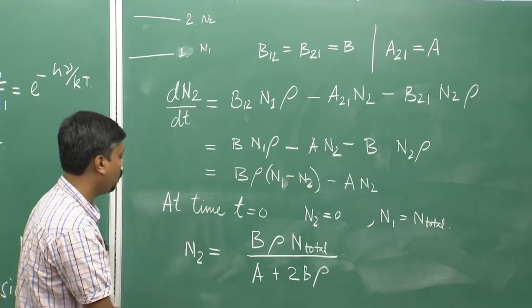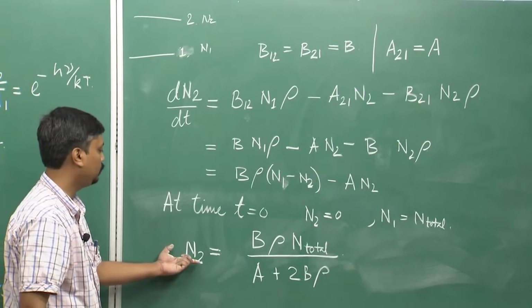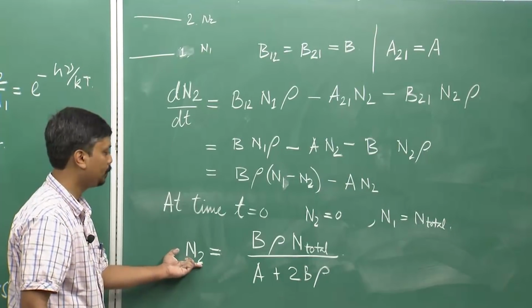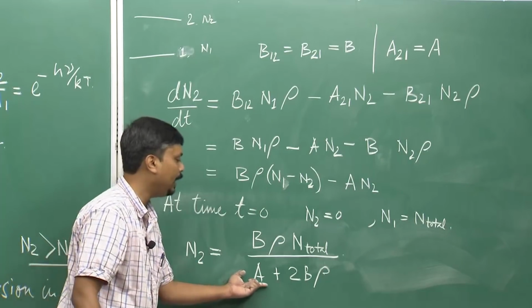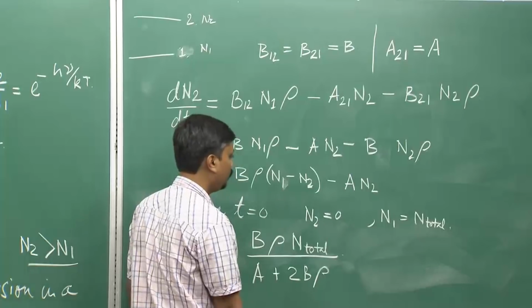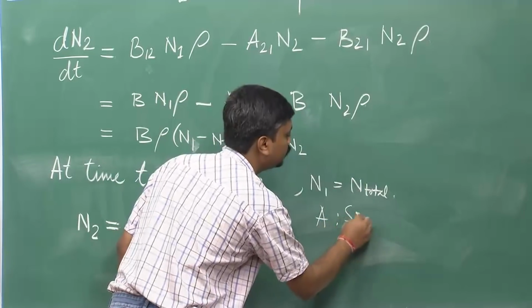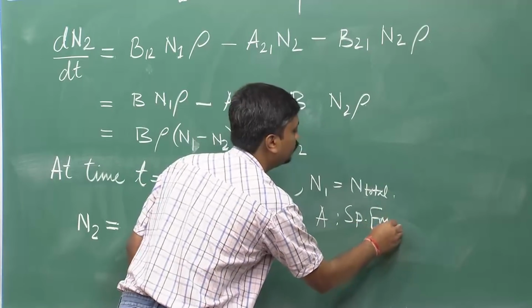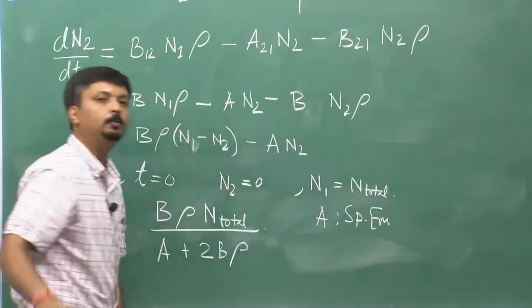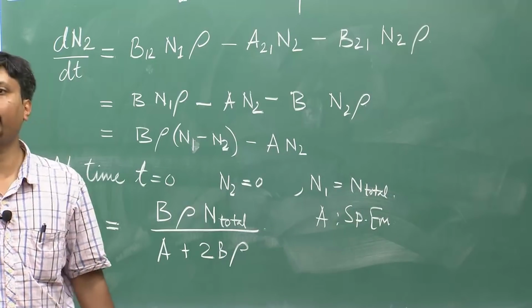Now, what do I have for N2? A is the rate constant for spontaneous emission, right. So, A is for spontaneous emission. Spontaneous emission is always there. It does not require any photon or anything.